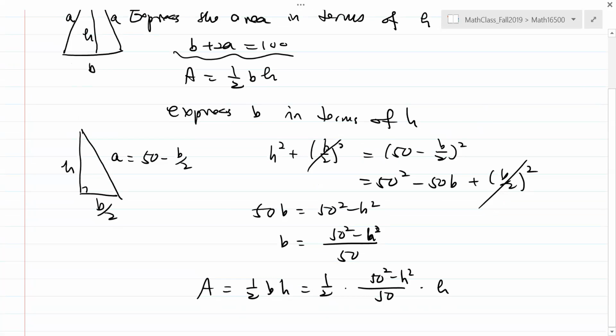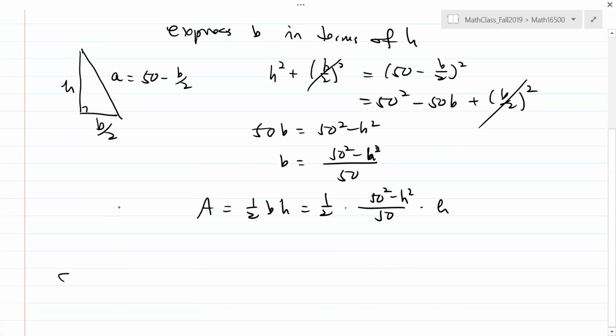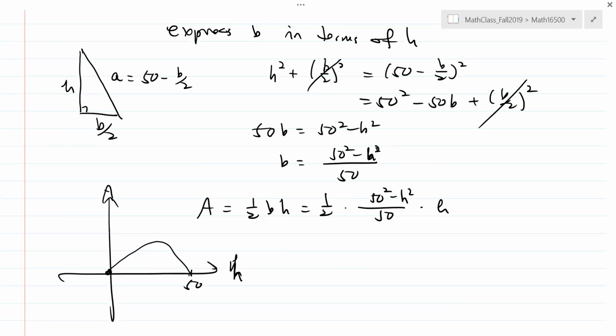If you draw the picture, when h is 50, it is here. When h is between 0 and 50, a is positive, and somewhere it has a maximum value.